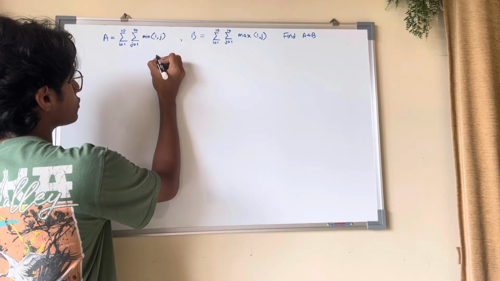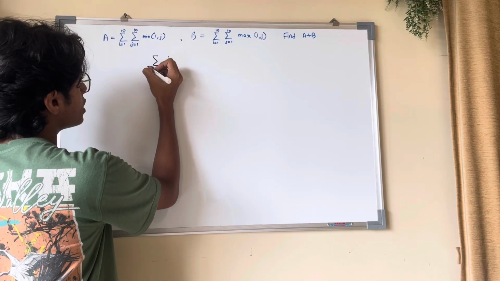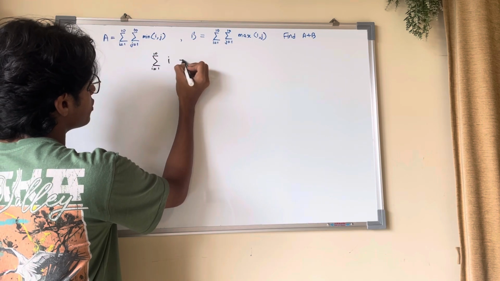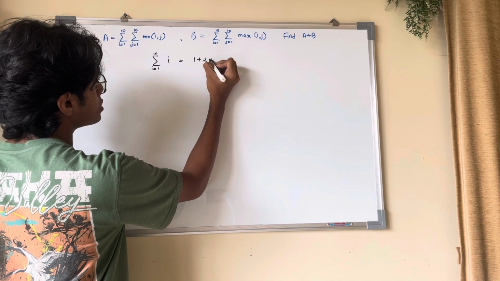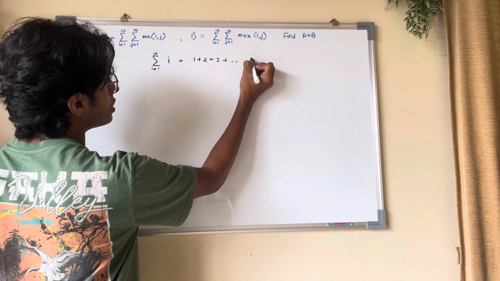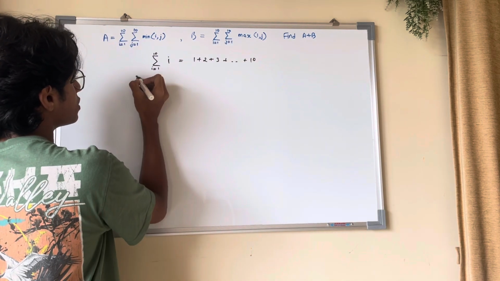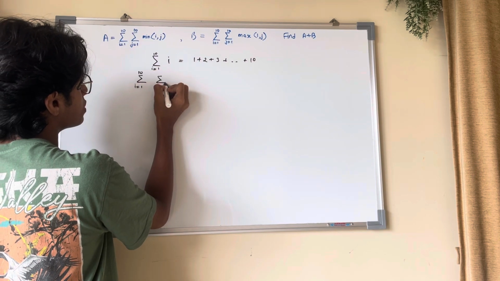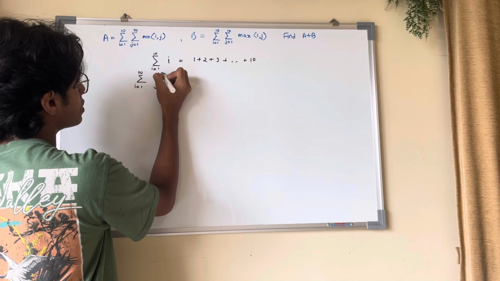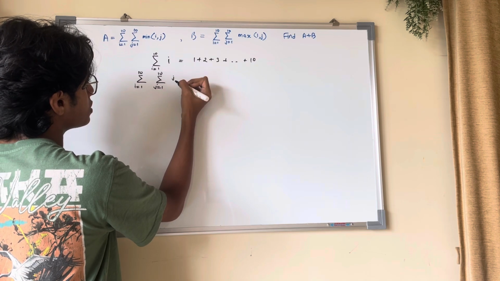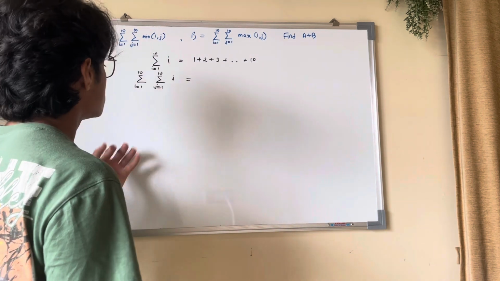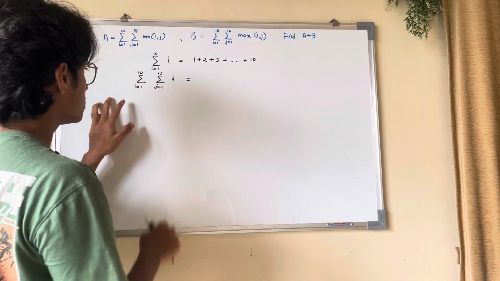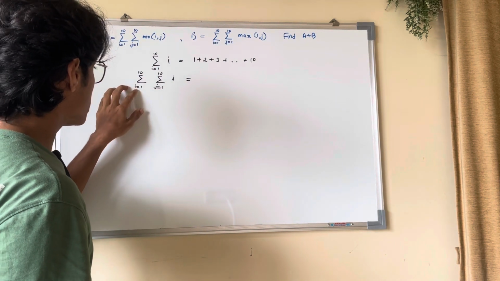So first of all, we know that sigma i equals 1 to 10 is 1 plus 2 plus 3 till 10. Now if I write double summation over i and j, the trick to solve the double summation is that we will start from the left side, that is when the value of i is 1.